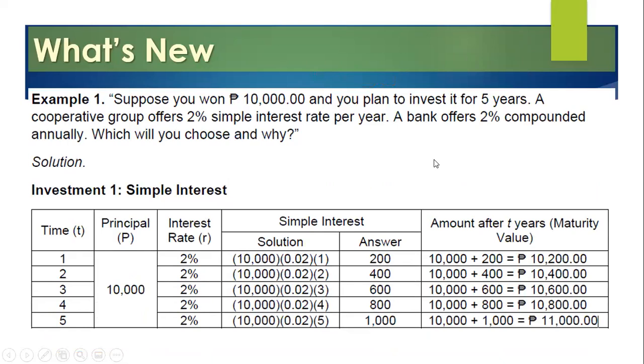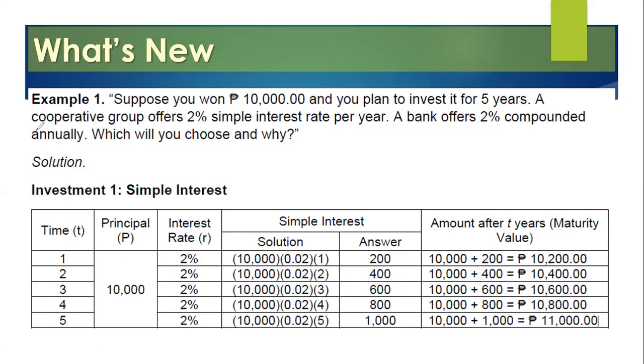Okay, so let's now go on to our first example, para makita natin yung pinagkaiba ng simple and compound interest. Suppose you won 10,000 pesos and you plan to invest it for 5 years. I-invest natin, meaning ipapasok natin sa bangko. Meron tayong dalawang option.